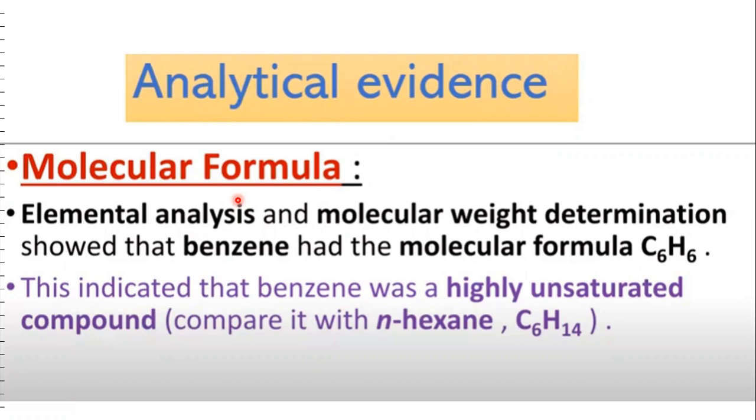The elemental analysis and molecular weight determination helped to derive the formula of benzene. It was found that benzene had the molecular formula C6H6 using these two methods. This formula indicated that benzene was a highly unsaturated compound when compared with the n-hexane molecule having molecular formula C6H14.